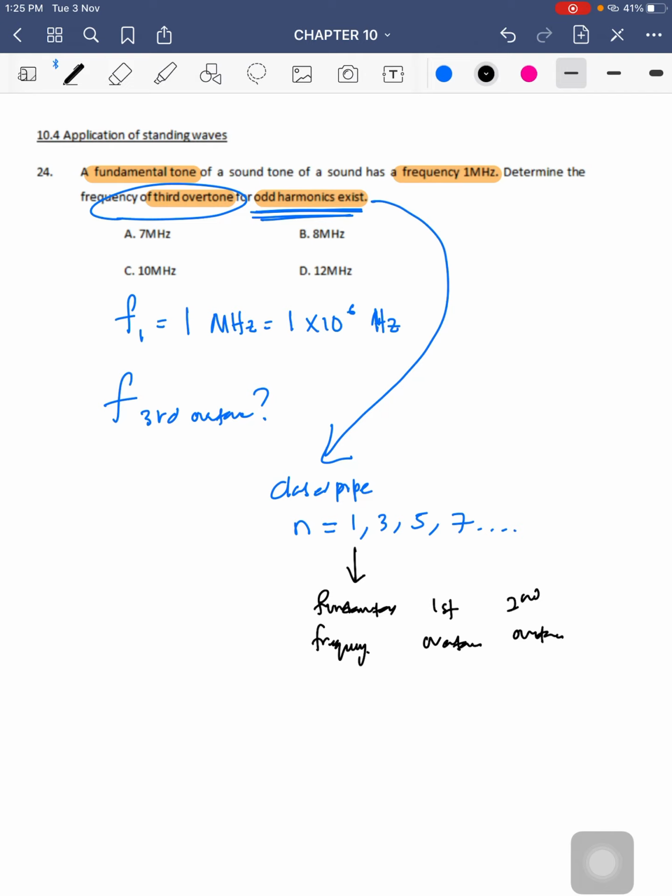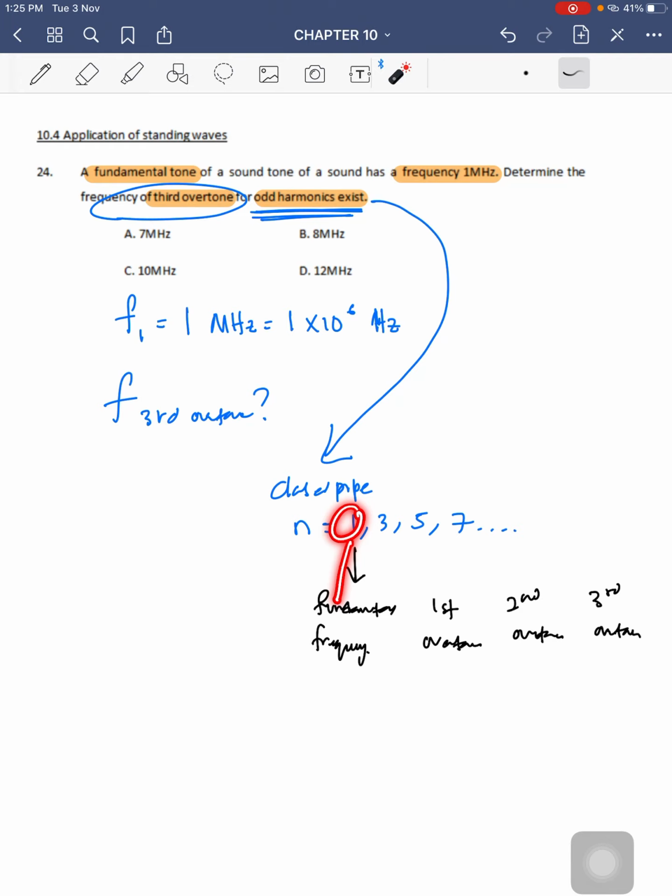After the second overtone, we have the third overtone, and so on. So the first harmonic, n equals 1, refers to the fundamental frequency. The first overtone is the third harmonic. The second overtone is the fifth harmonic, and the third overtone is the seventh harmonic.